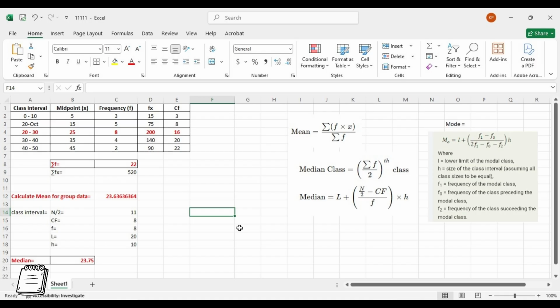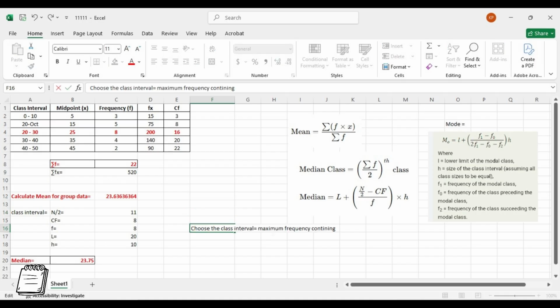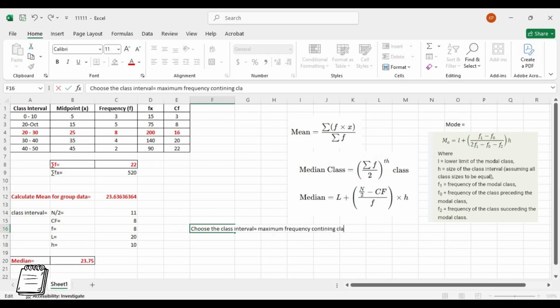To select a class interval, we only have to see the highest frequency in the frequency column. So here the highest frequency of this table is 8. So now we choose the highest frequency class interval. The class interval is 20 to 30 and the frequency is 8.